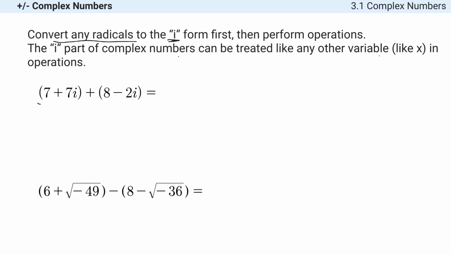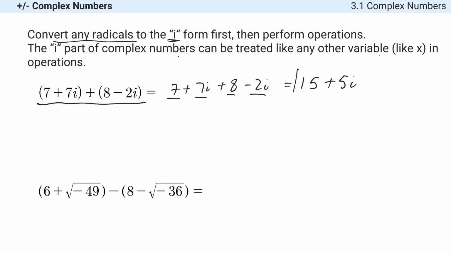So if I'm adding these two expressions, because I'm adding, I can drop the brackets and just rewrite them. And then I can collect like terms. The 7 and 8 are alike, so I'll call that 15. And the 7i and minus 2i are alike, so I can collect those. 7 minus 2 would be a plus 5i. And that's the way I would write the answer.